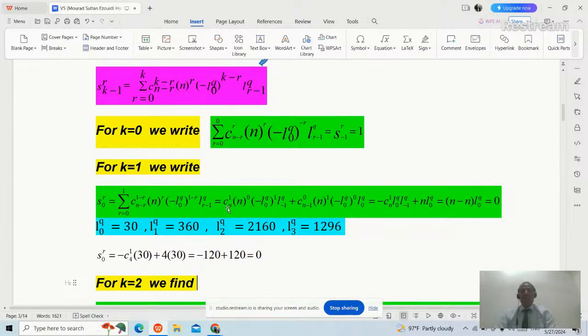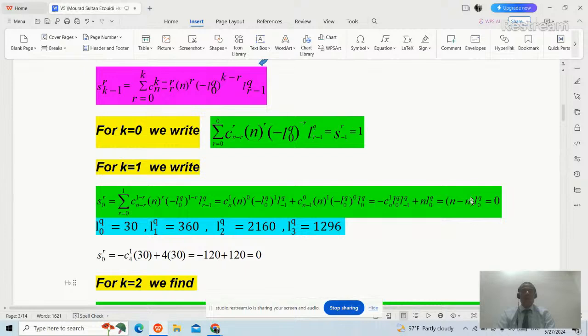And this one equals combination n choose 1, n raised to the power 0, between parentheses negative L0 of order q raised to the power 1 times L_{-1} of order q, plus combination n minus 1 choose 0, n raised to the power 1 times negative L0 of order q raised to the power 0 times L0 of order q. You can notice, learners, that this one is a common factor.